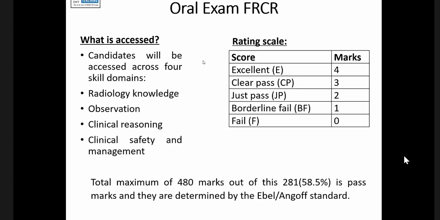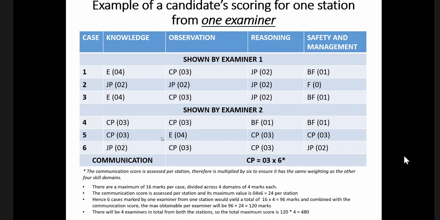So, for example, this is a hypothetical mark sheet by an examiner, in which these are the cases 1, 2, 3, 4, 5, 6. For example, this candidate got E here, CP here, JP here.